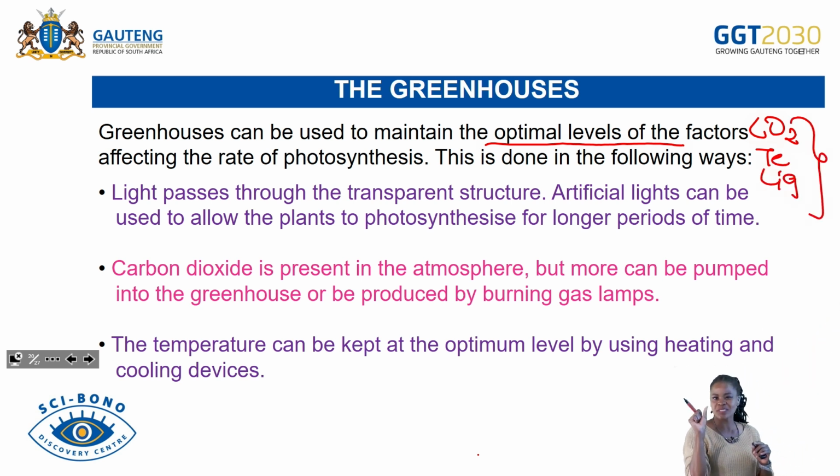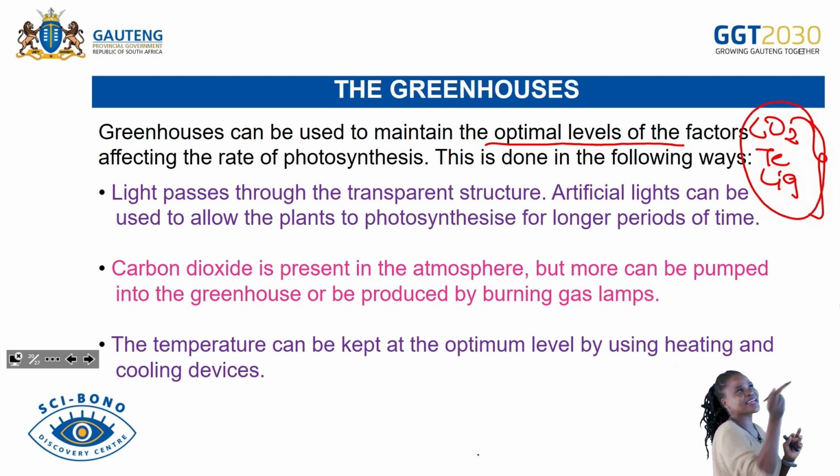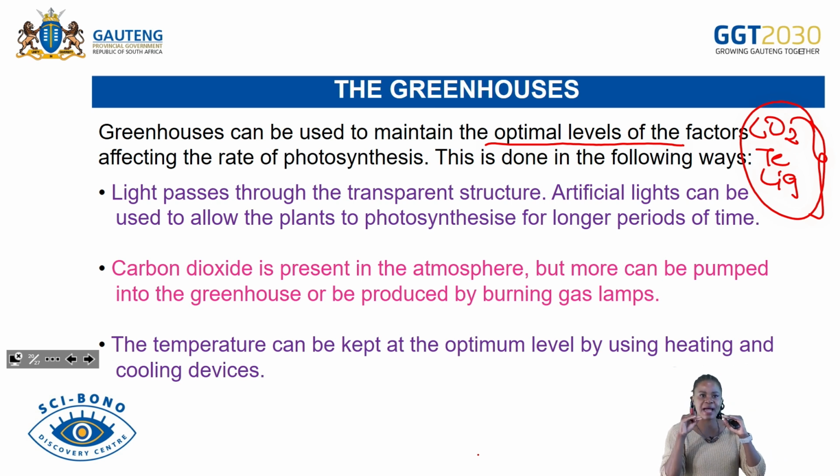Now, the main purpose of a greenhouse is to maintain all these factors at their optimal levels so that plants can grow very, very well.